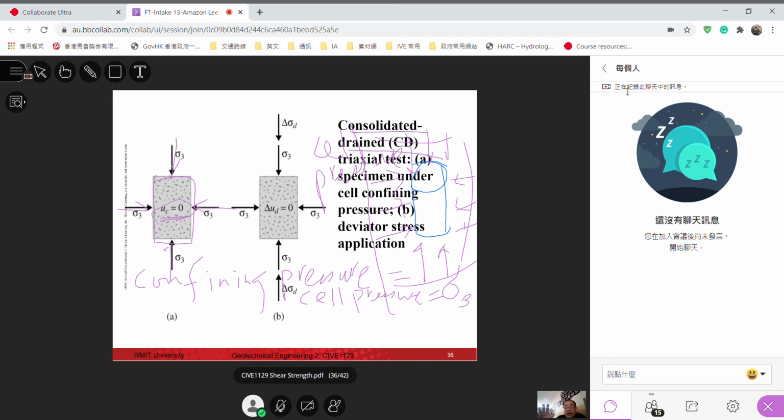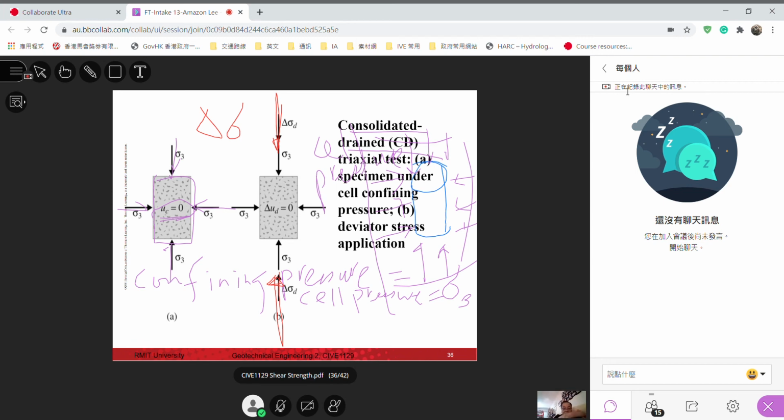Okay, so initially sigma 1 is equal to sigma 3, equal to the cell pressure, and after that we keep the cell pressure constant. Then we continue increasing the vertical stress, while keeping sigma 3, the cell pressure, constant.